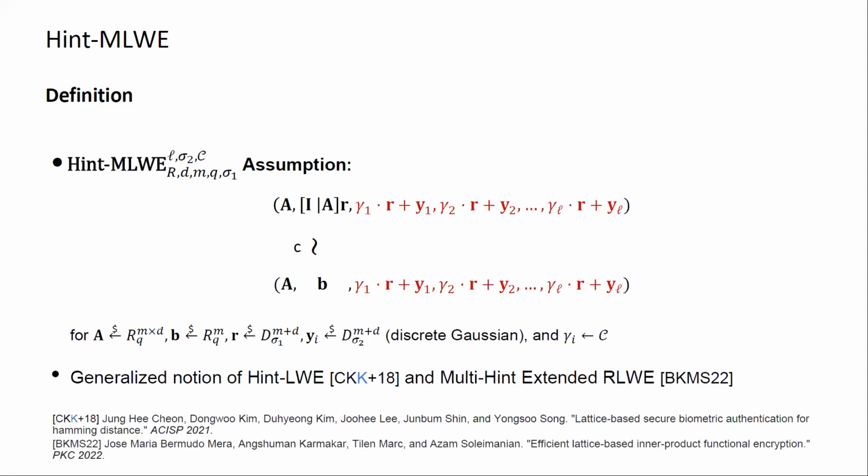Hint MLWE implies that even if we additionally publish several hints on the secret, the MLWE instance is still computationally hard to distinguish from random elements. If we have this assumption, then the last part of the ZKP in the previous slide is directly done.